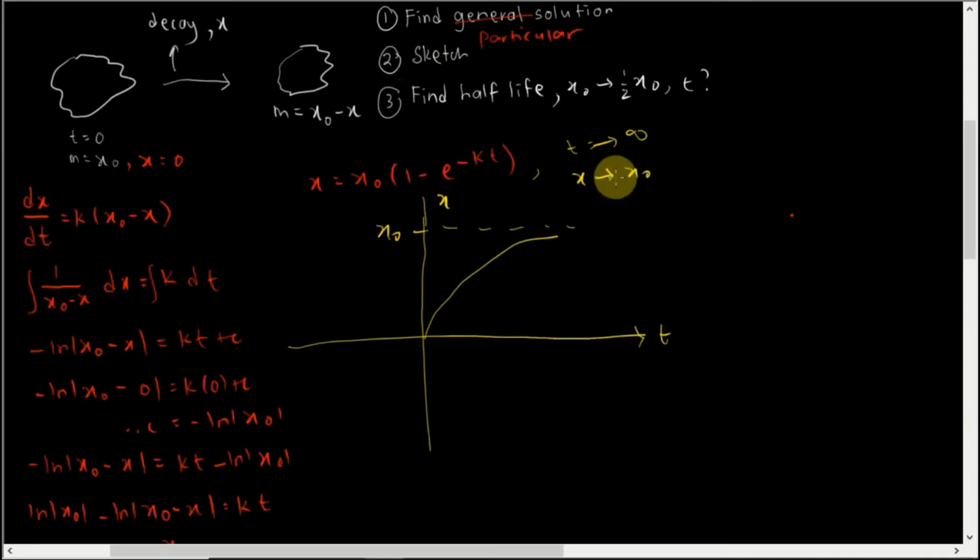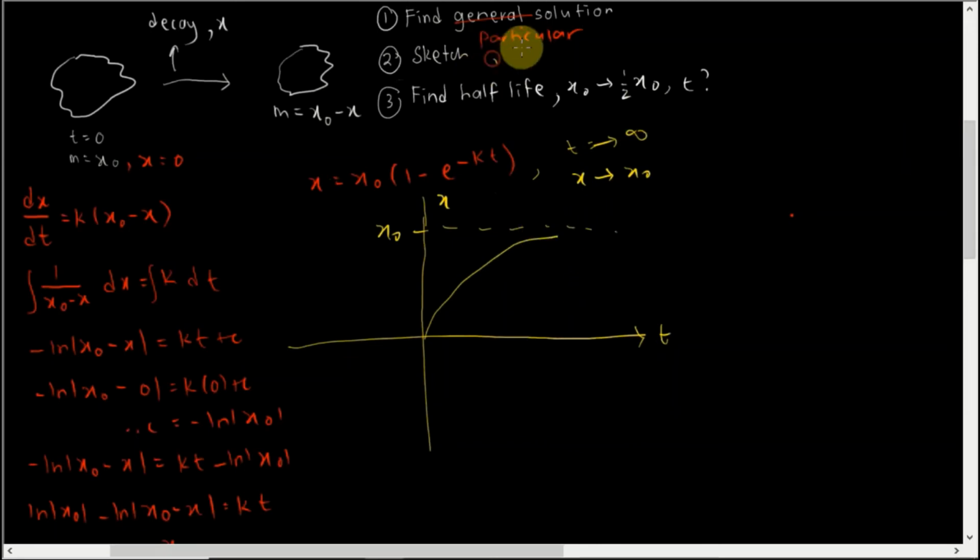If you cannot see that, I put infinity into this, e to the power of negative infinity, I will get 0. 1 minus 0 is 1. 1 times x naught is x naught. So as t goes to infinity, x goes to x naught. So that's why x naught is the asymptote. So this is your graph.